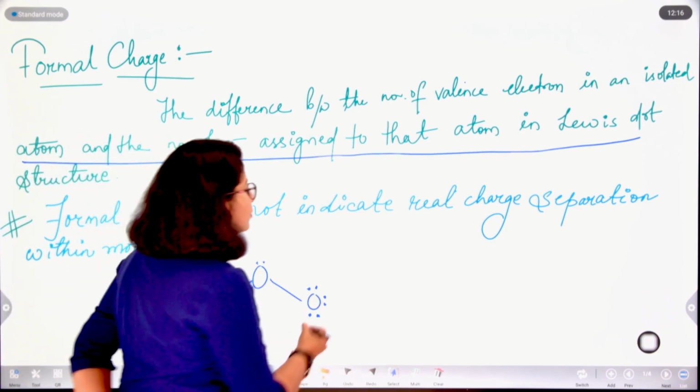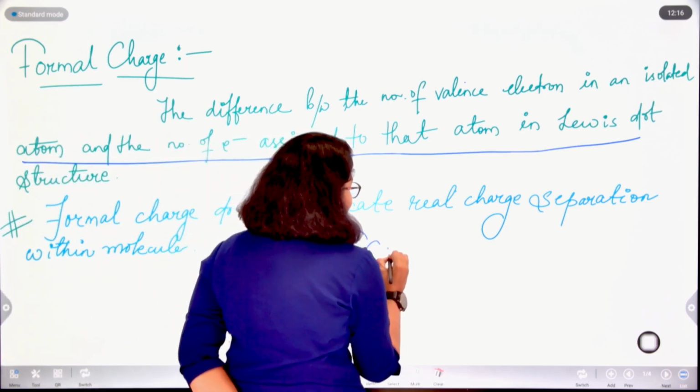Okay, so first let us understand the formula for formal charge.